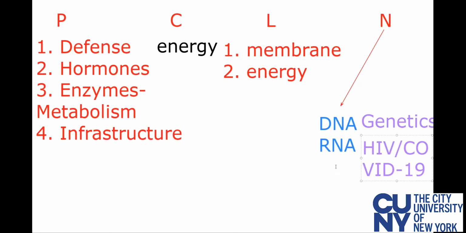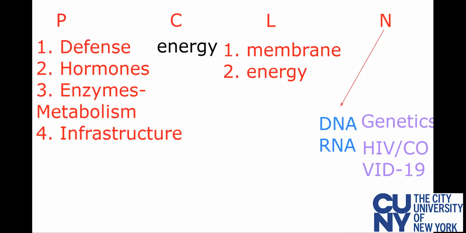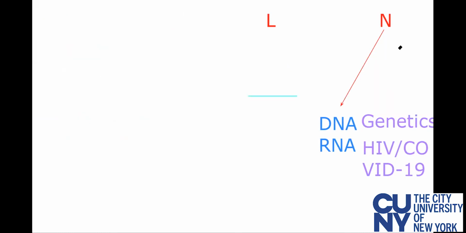So that was question number 11. Then, draw the chemical structure of an amino acid named alanine. This I can try. This is straightforward as compared to a glucose molecule.